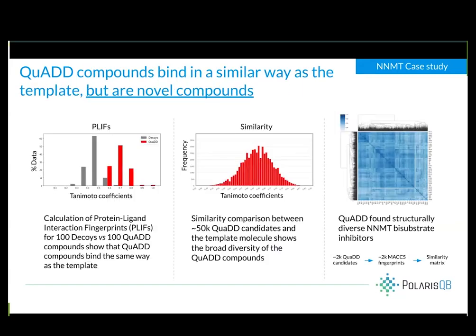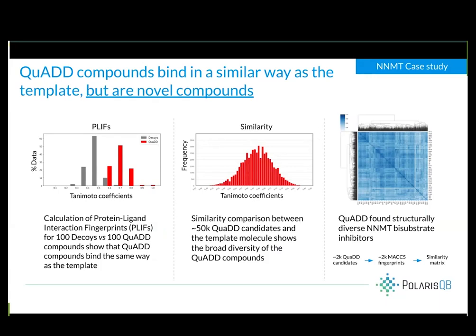So are we just replacing fragments with very similar fragments and seeing what we want to see? Well, to test this, we compared the protein-ligand interaction fingerprint scores and MACCS key fingerprint similarity values of Quad structures against those of the decoys. We can see that the Quad structures more closely recapitulate the binding mode of the template. On the left, you can see versus the docked decoys.